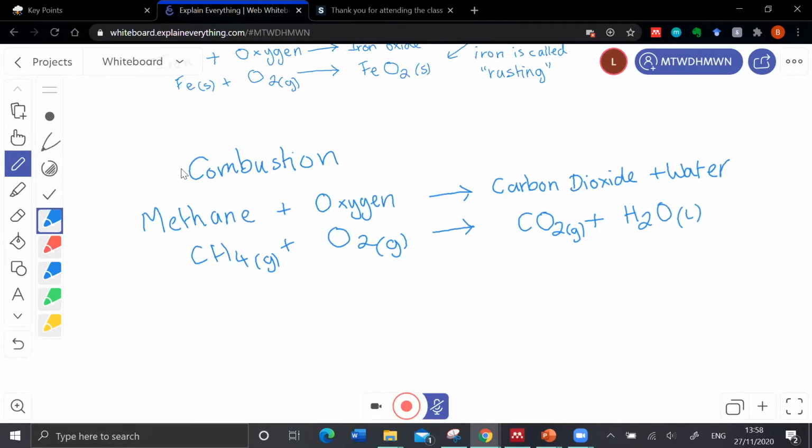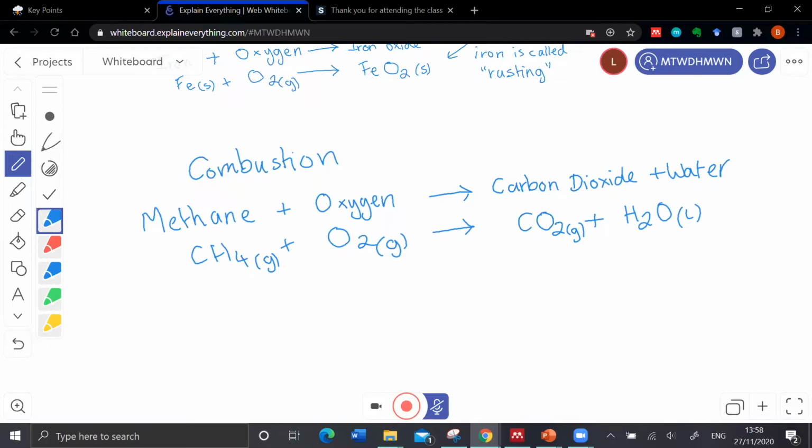So we can start to look at balancing an equation here. We need to look at the number of things on each side. There's one carbon here, one carbon there, but 4 hydrogens here and 2 hydrogens there. So that's not balanced.